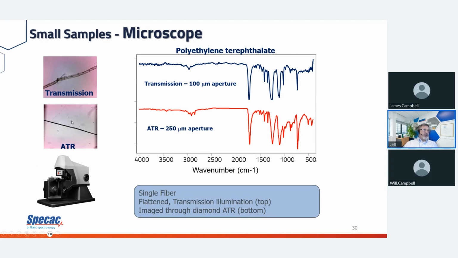You can see these are the actual photos of the fiber. This one looks different because we flattened the fiber out so we didn't have a round surface. It was flat so we can really get good transmission going through the fiber. And with the ATR, you can just touch the fiber and get a good spectrum.